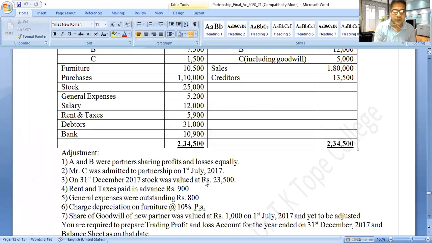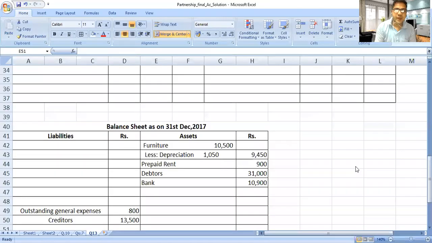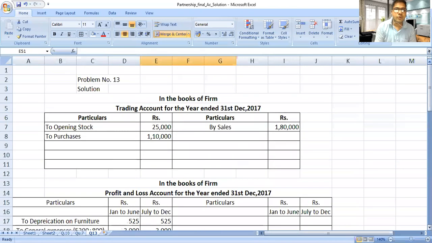Then this says that on 31st December 2017, stock was valued at rupees 23,500. So it is a closing stock. Whenever we record the closing stock, we have to give two effects. First effect, we have to show in the trading account credit side, closing stock, and the value of closing stock 23,500.